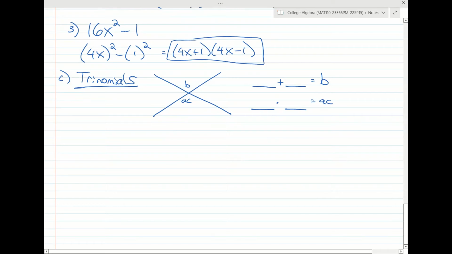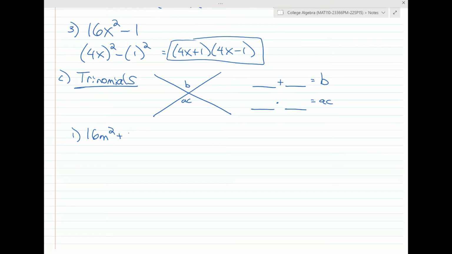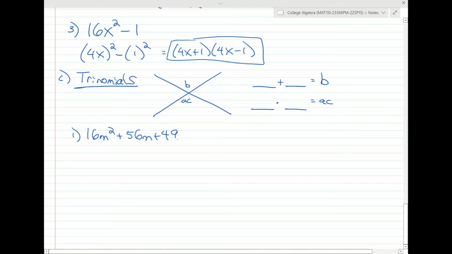So with a trinomial, let's say we had a problem like this. What if we had 16m to the second plus 56m plus 49.